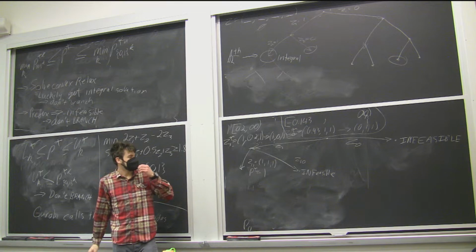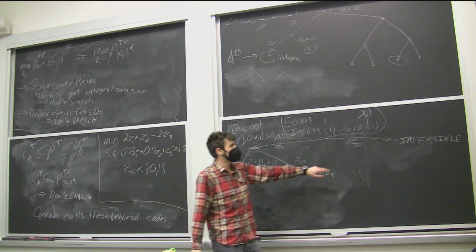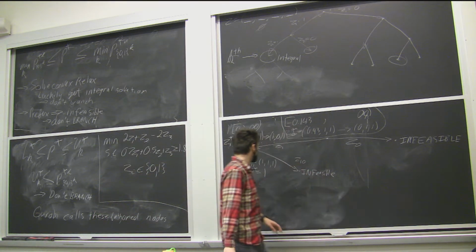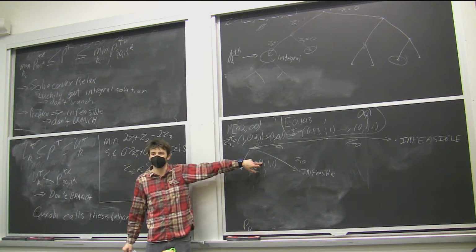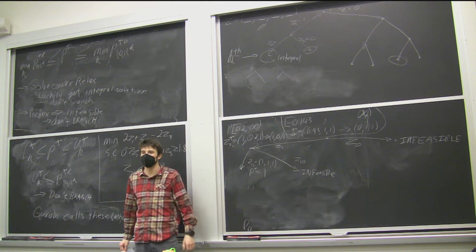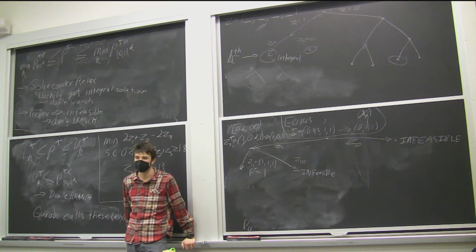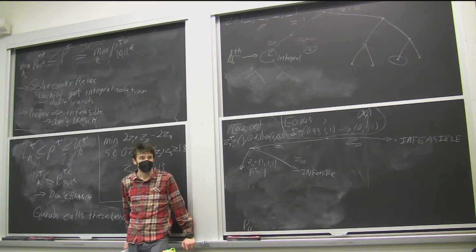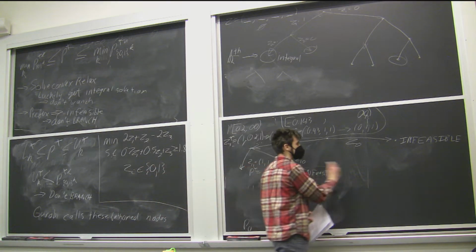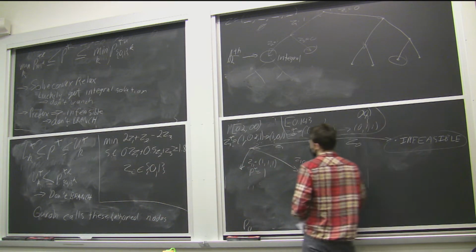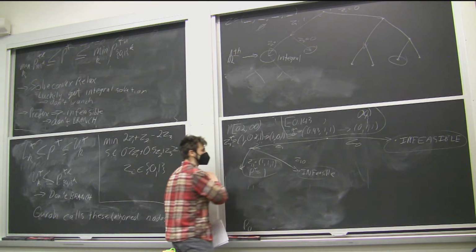Okay, so now I have infeasible and now I have infeasible. And at this node now, I've got an integral solution. Do I need to keep going? Do I need to do any more branching? No, I don't. This is integral, so I don't need to branch. So now I'm done.